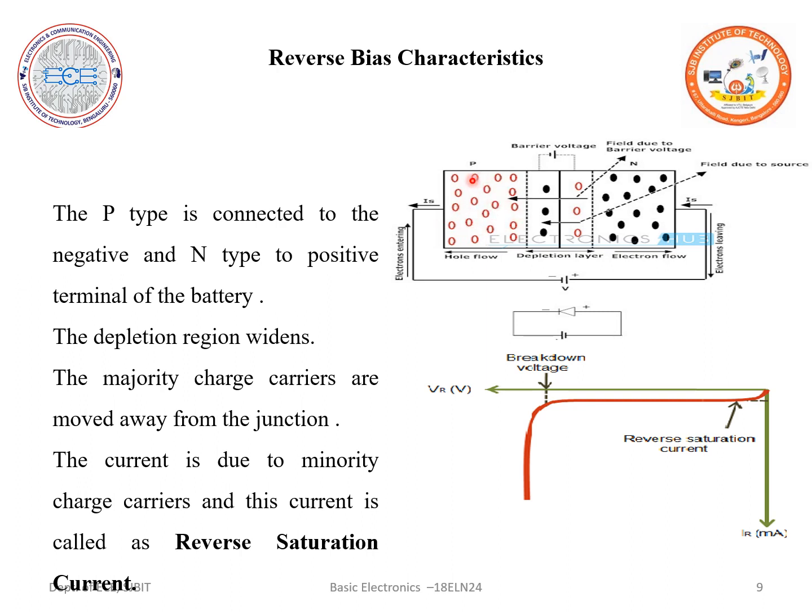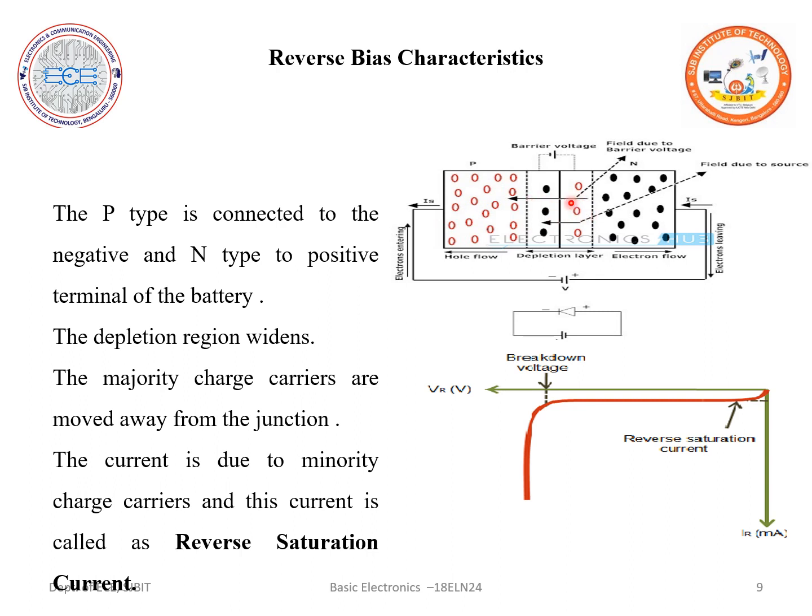The holes present in the P region have a tendency to move towards the negative terminal of the external bias and neutralize themselves, and the electrons present here have a tendency to move and neutralize with the positive terminal of the external bias. As a result, the depletion region is going to widen.